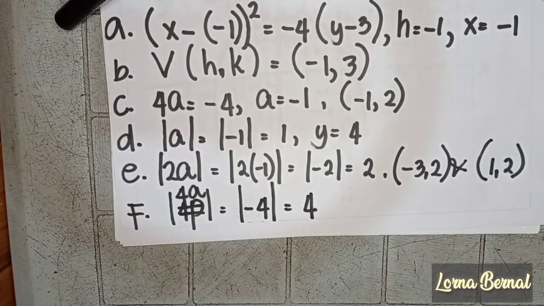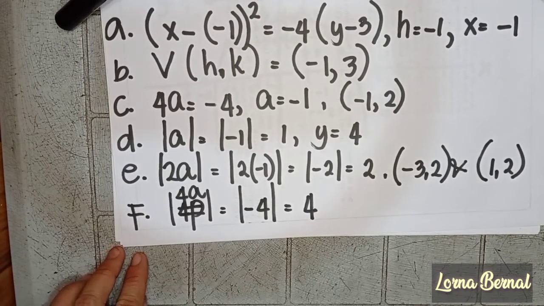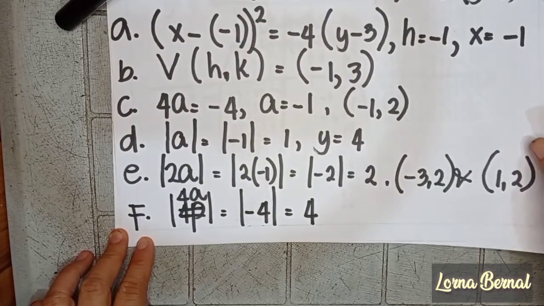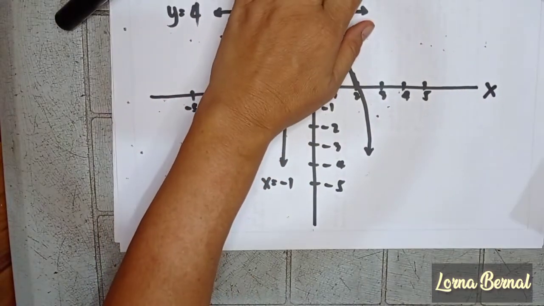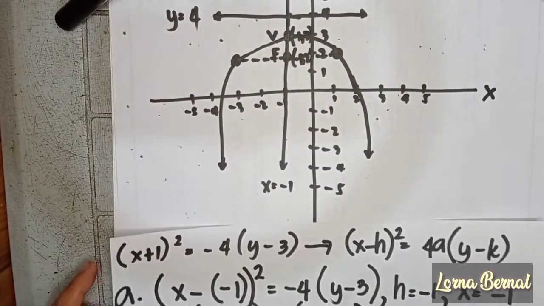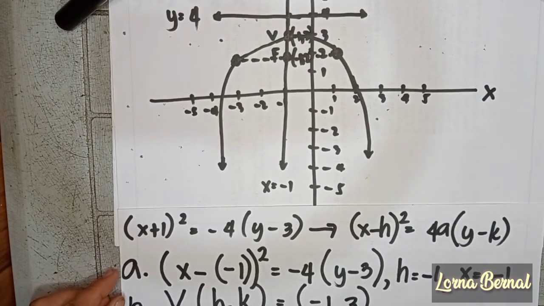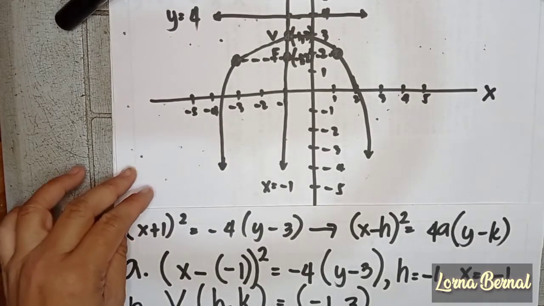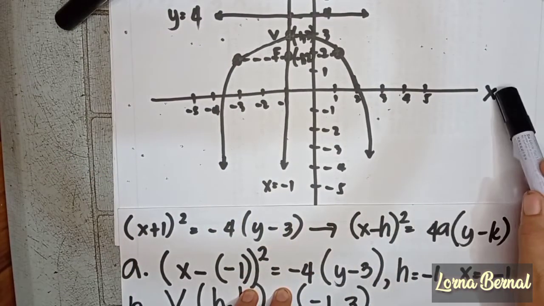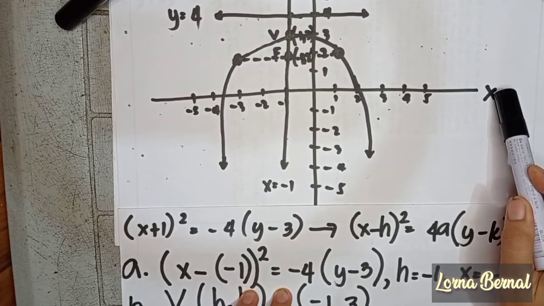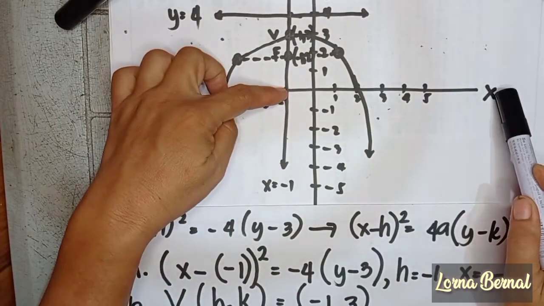Now for the final answer, let's sketch the graph. The first thing to do is to draw the principal axis, which is x = −1.